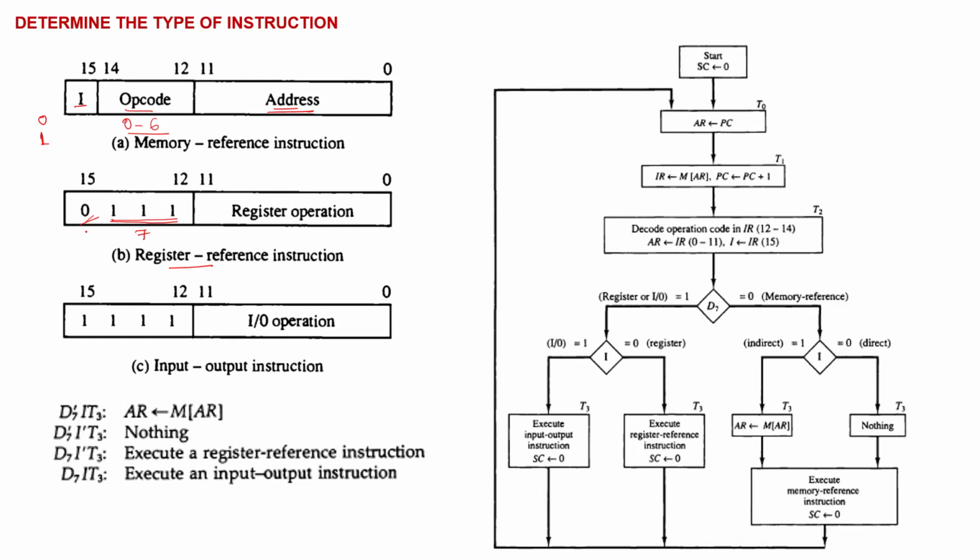Later we are going to represent this with D7. If D7 is high and bit 15 is 0, then it is a register reference instruction.